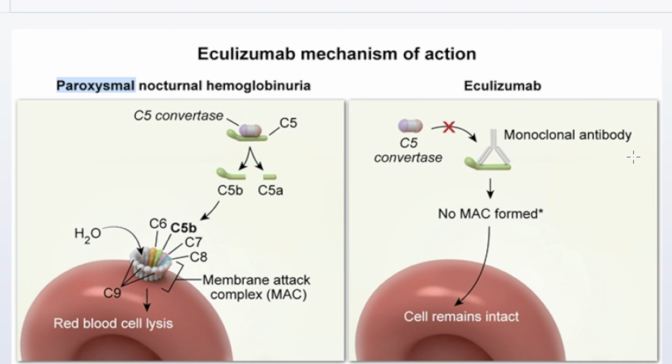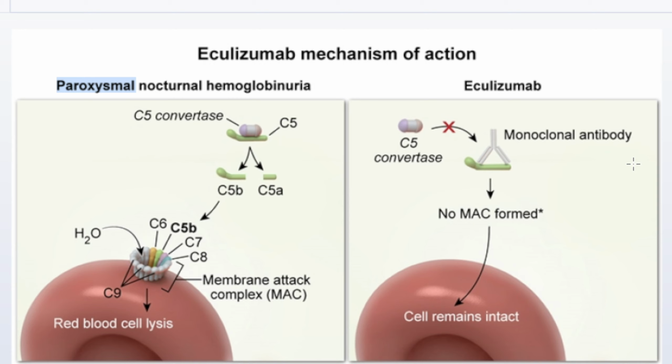So if you have paroxysmal nocturnal hemoglobinuria, you're going to have a decrease, a suppression, of CD55 and CD59 on the surface of the red blood cells.